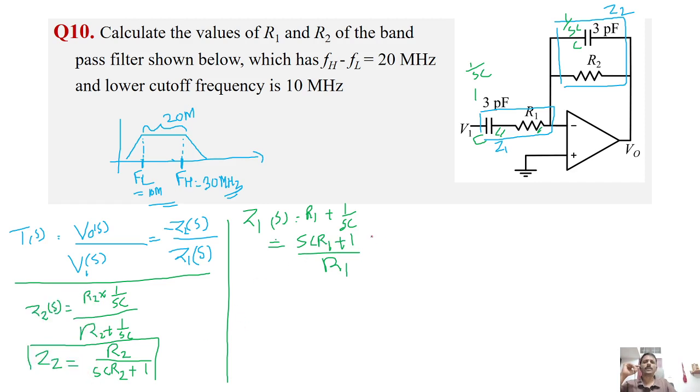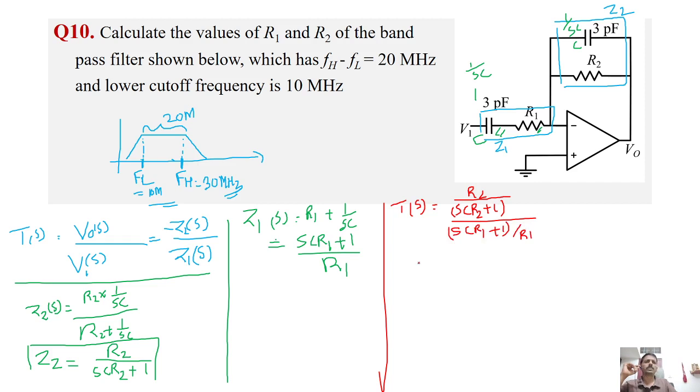So what is T of S? T of S equal to Z2 by Z1. Z2 is R2 by (SC R2 plus 1), and Z1 is (SC R1 plus 1) by SC.